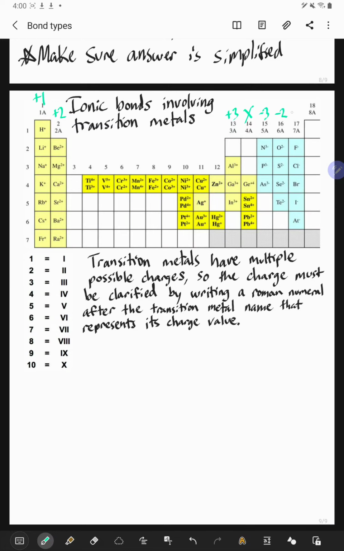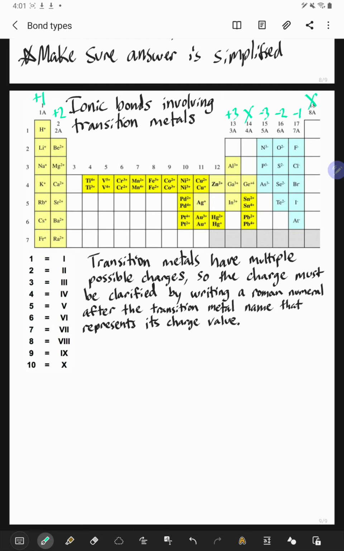But we've been skipping this region right here. These are the transition metals, and the reason we've been skipping it is because they have the possibility of forming multiple different charges. It's a lot harder to predict the charges that transition metals will hold. And so we're going to talk about how to deal with that here in this video.